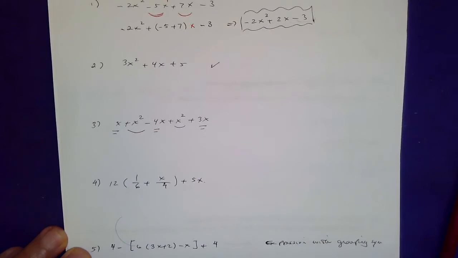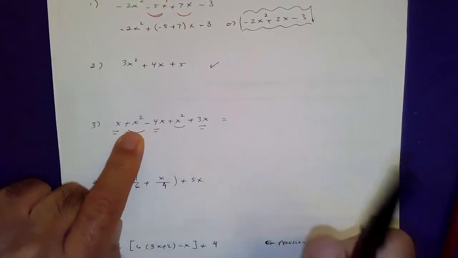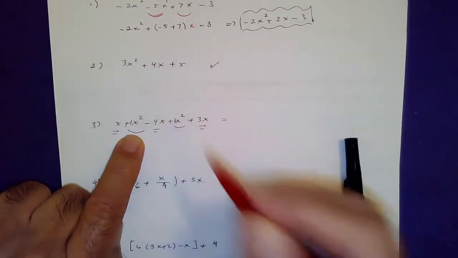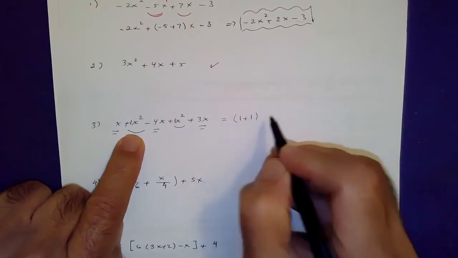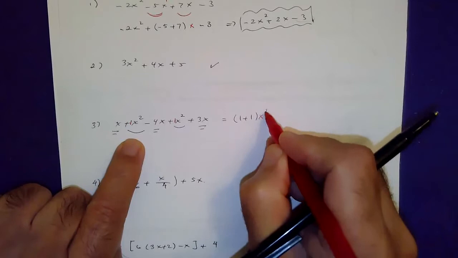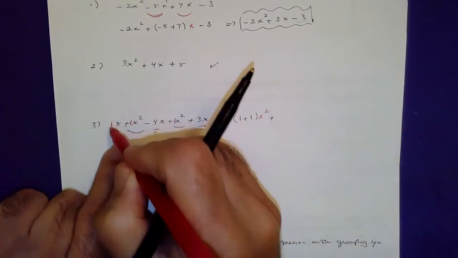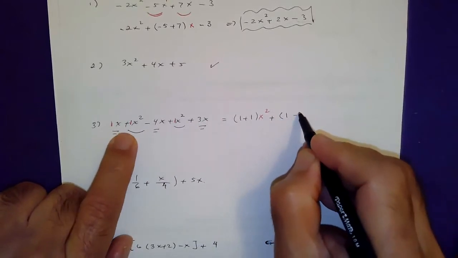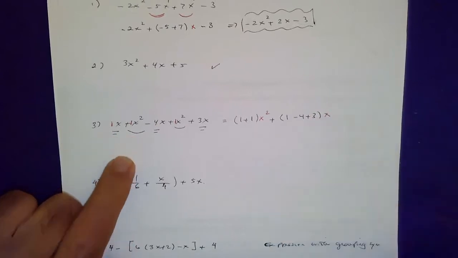Do you see it? So as far as the x squares, we take the coefficient of x squared, which happens to be an invisible 1. So you kind of go 1 plus 1, attach the common variable. And as far as the x's, the coefficient of x, which you don't see, is 1. So you kind of go 1 minus 4 plus 3, attach the common variable.